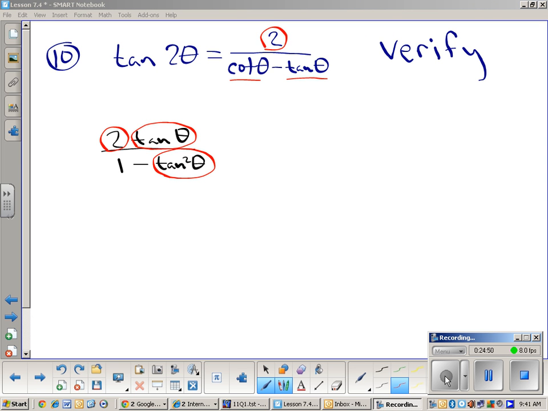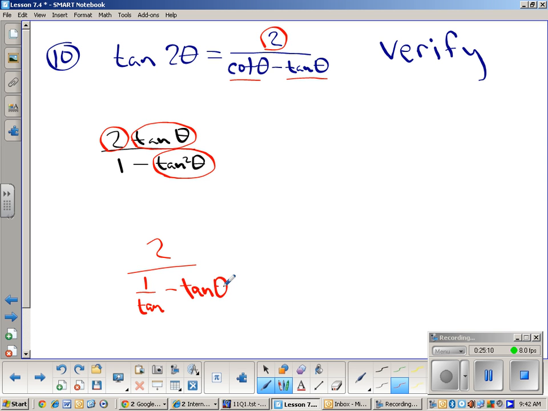Couldn't you take the cotangent because it's 1 over tangent and put it on top? No. I like what you're thinking. He said this cotangent's really 1 over tangent, and he's thinking, let's just flip this over, that'll put that on top.